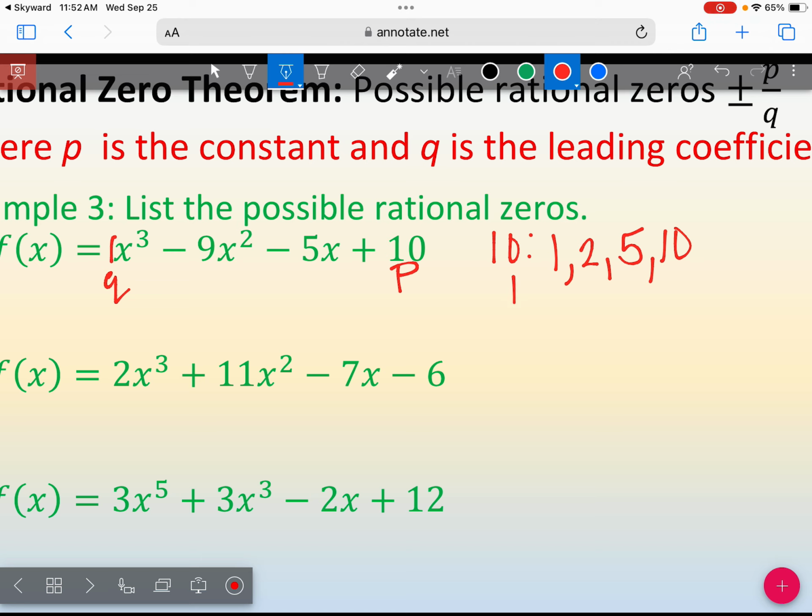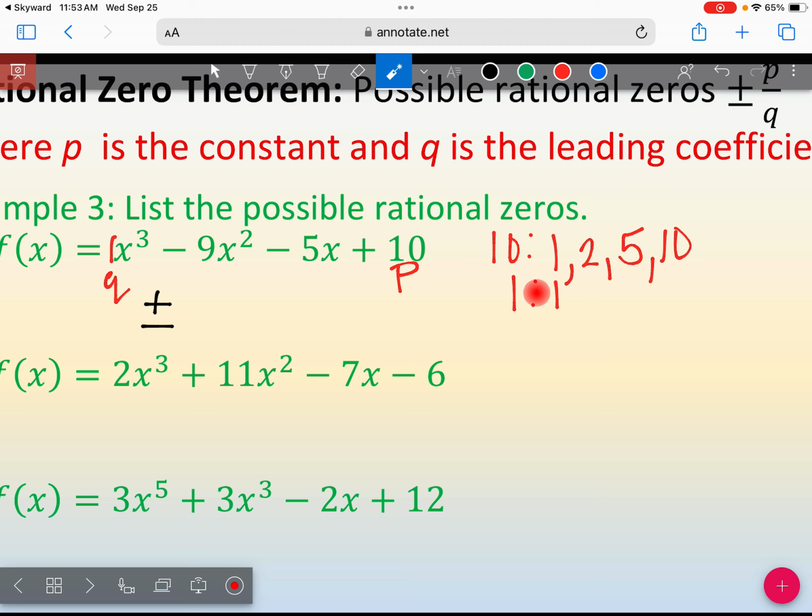The only thing that goes into 1 is 1. So our possible zeros, we don't know what our x-intercepts are. We would have to plug it into a graphing calculator, okay, to see where it crosses the x-axis. But the possible rational zeros will be plus and minus every single last one of these numbers divided by 1.